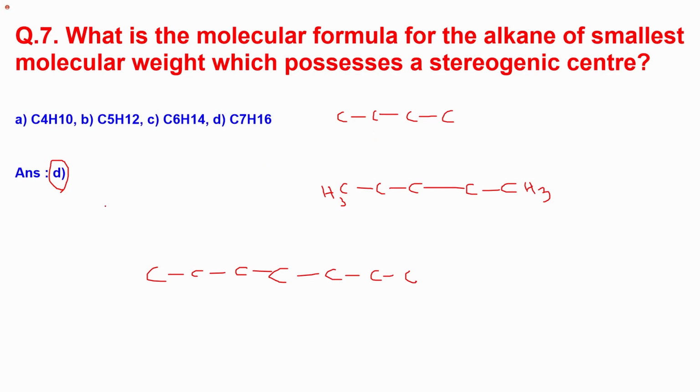But C6 is how it is: C and C, three carbon bond is there, then 4, 5, and now it is just 6. This is CH3, and here also CH3 is there. Now a stereogenic center is only possible if there is a possibility of a chiral center.